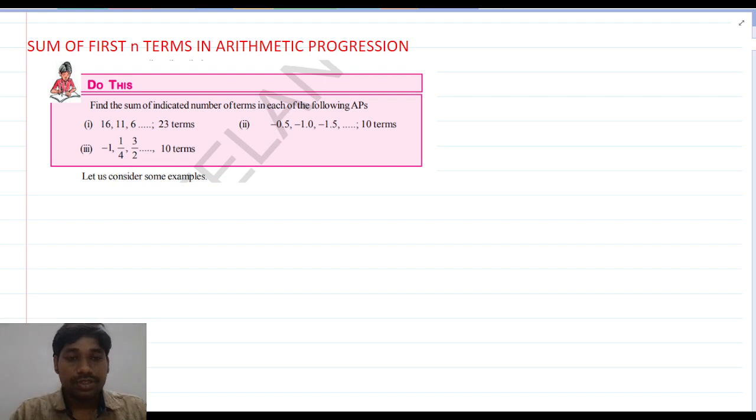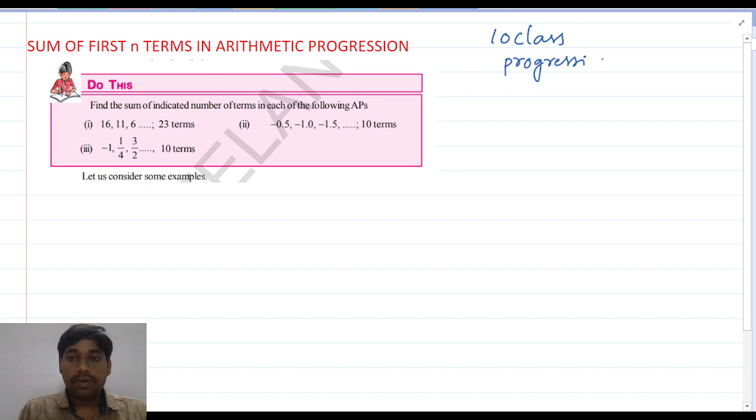Hi my dear students, today we are going to start the rest of the concepts in 10th class progression chapter. Till now we have done numericals based on the given situation in the form of AP related questions and nth term related questions.